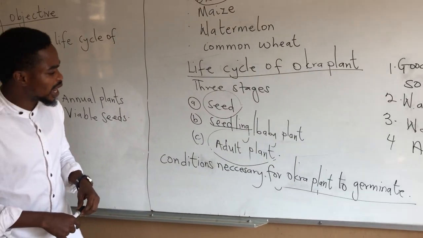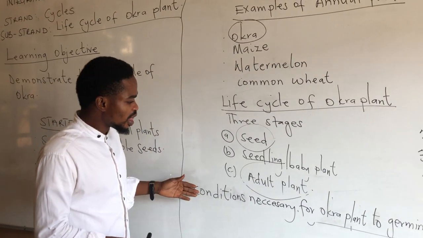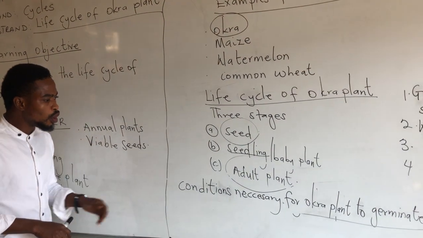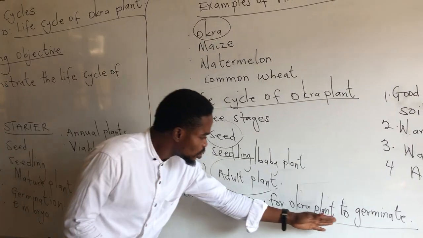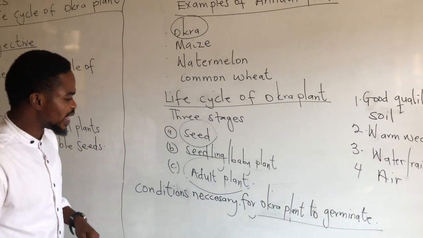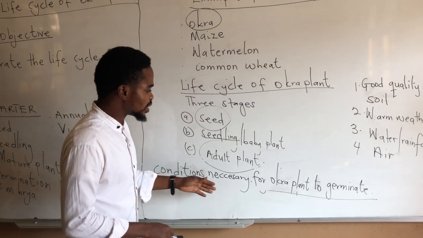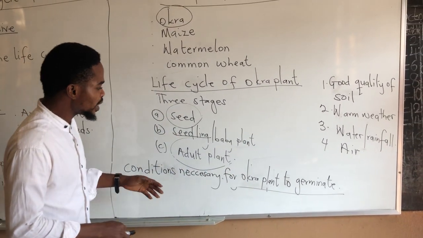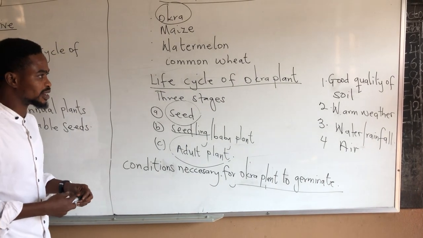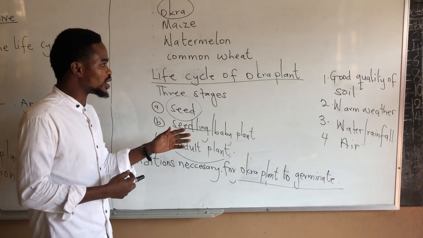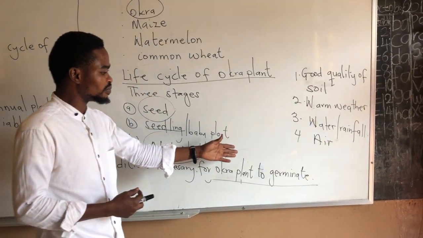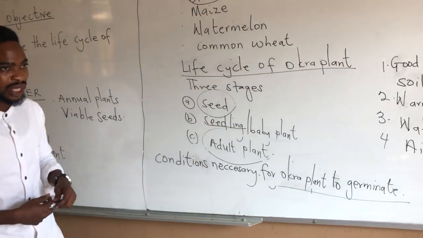Now we want to look at the conditions necessary for okra plants to germinate. There are conditions that are necessary for flowering plants to germinate. If those conditions are not in place, the seed will not be able to do well.